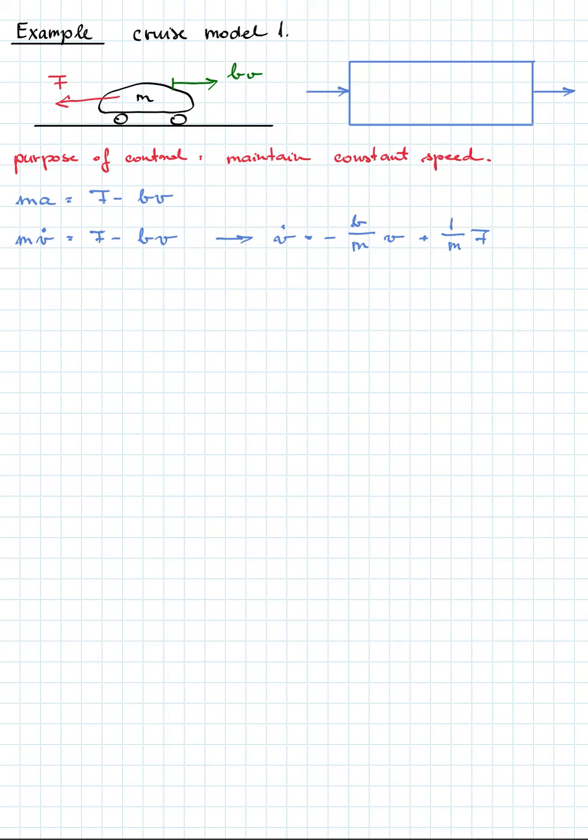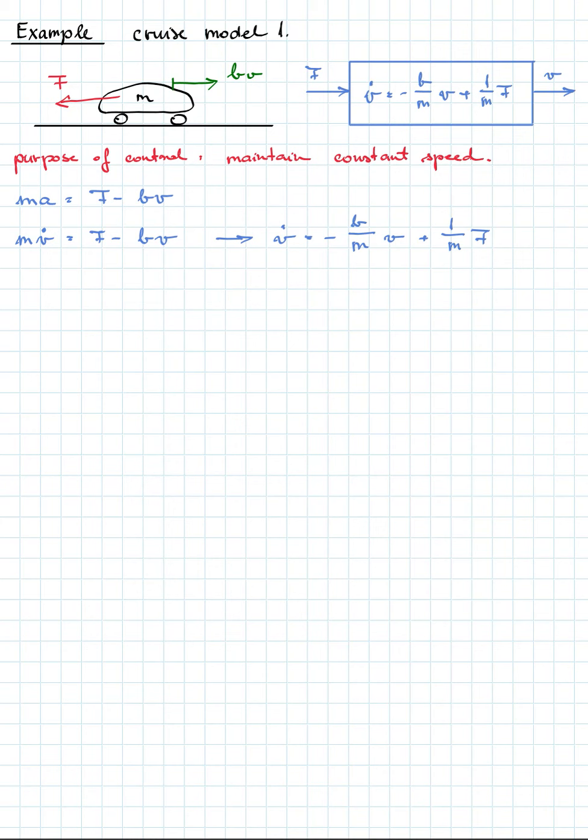So if I put this into this box: v dot is equal to minus b over m v plus 1 over m F. The input is F for this problem and the output is v. So this is a very simple application in this case.